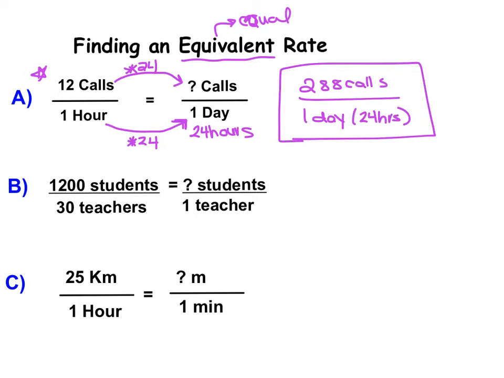If we look down at the next one, it says we have 1,200 students for 30 teachers in the whole building. So this is a pretty big school. We've got 30 teachers with 1,200 students, and we're trying to figure out how many students should be with each teacher. Well, here I can see I'm taking 30 and turning it into a unit rate with 1.